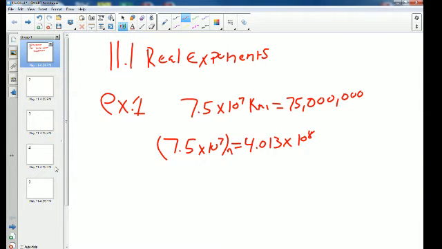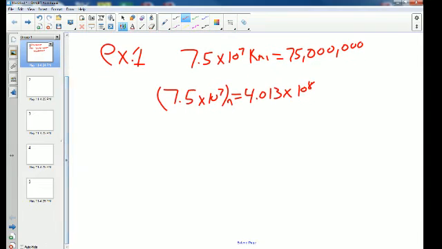And so when we work this out, we divide by 7.5 times 10 to the 7th.